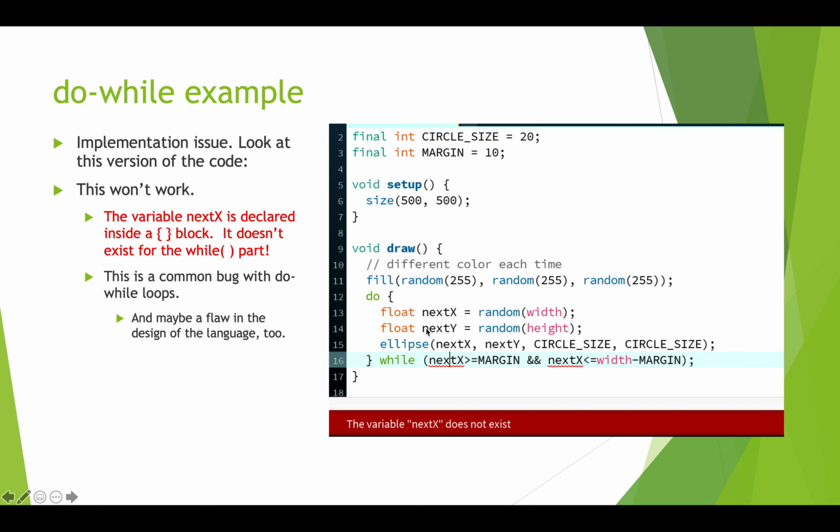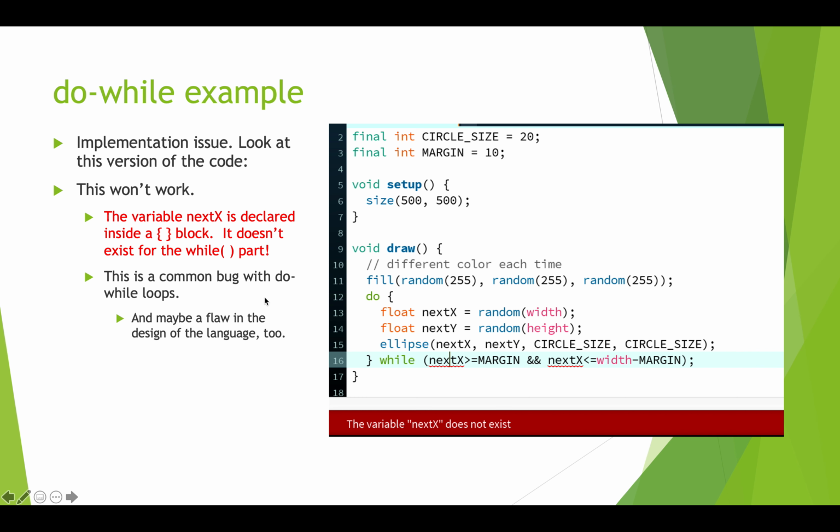And so what we really have to do is the version that I just showed you in Processing, where we declare these variables outside, either above the loop entirely or as globals up at the top of the script.